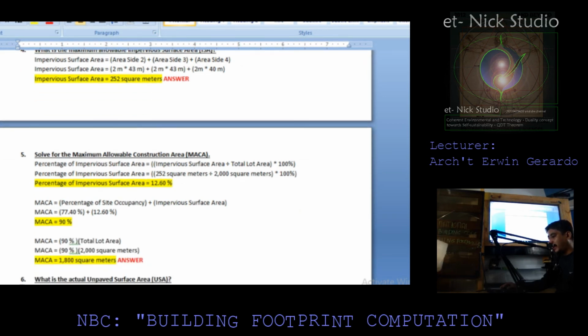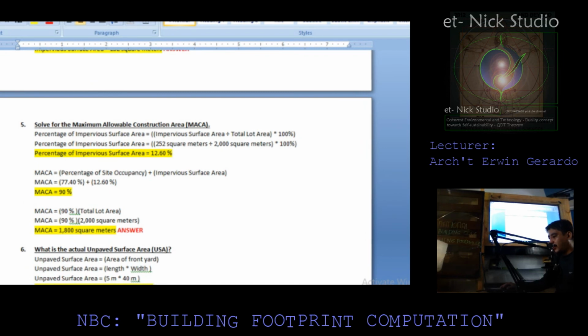So therefore, 90% is already your multiplying factor times the total lot area, which is actually 2000 square meters. So the solution here, therefore, 90% of 2000 is 1800 square meter. So this is already the answer.